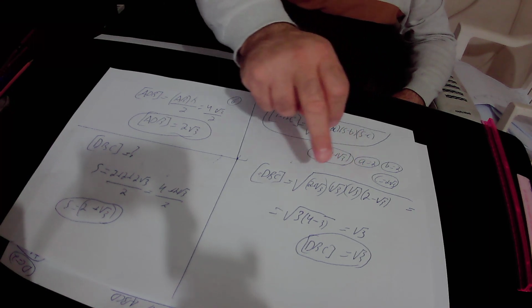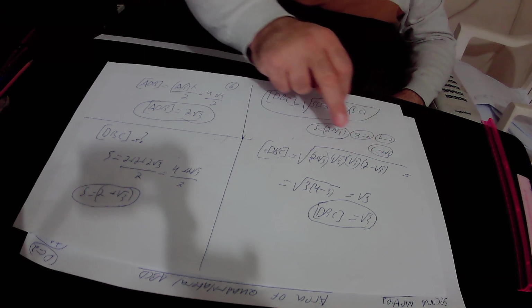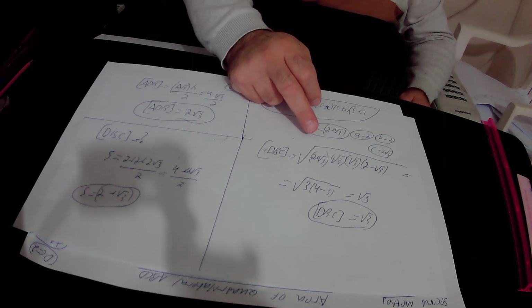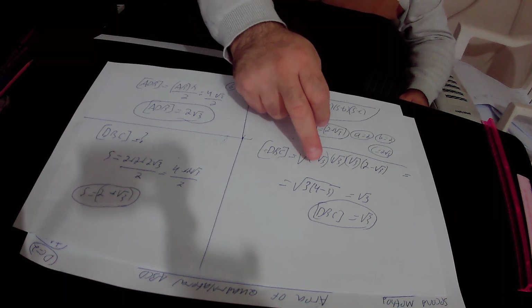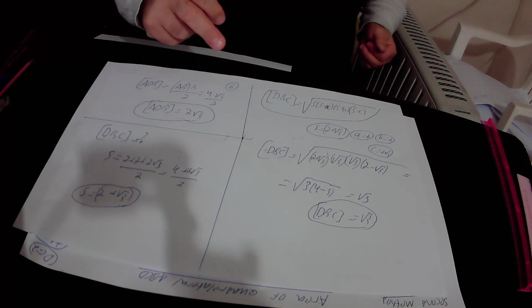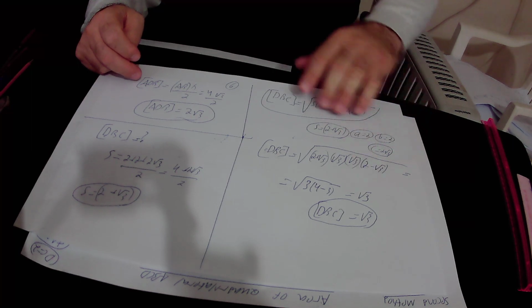So square root of 3 times square root of 3 is 3, and 2 plus square root of 3 times 2 minus square root of 3 we calculated according to the algebraic identity that A plus B times A minus B equals A squared minus B squared. A is 2, so A squared is 4. B is square root of 3, so B squared is 3. So here we got 4 minus 3 is 1. 1 times 3 is 3. So we got that the area of triangle DBC is square root of 3 units.